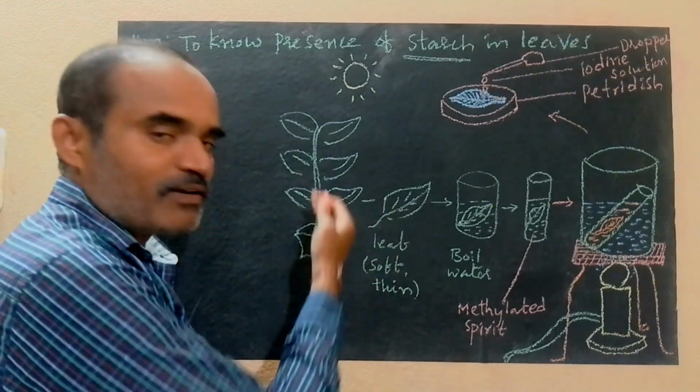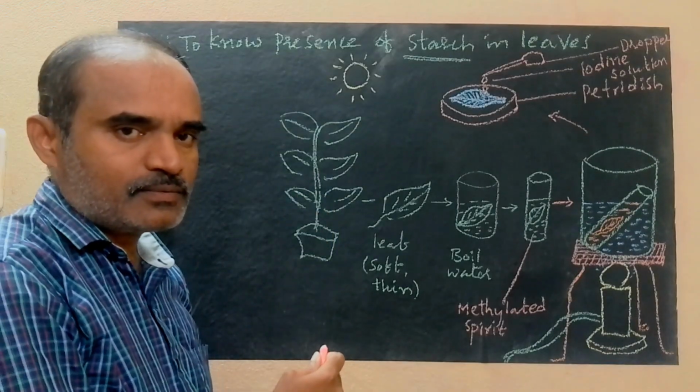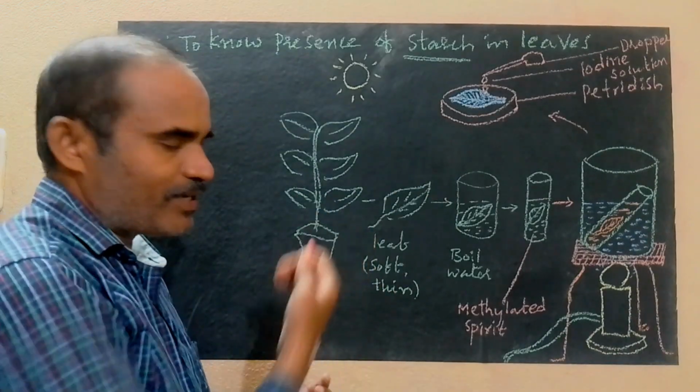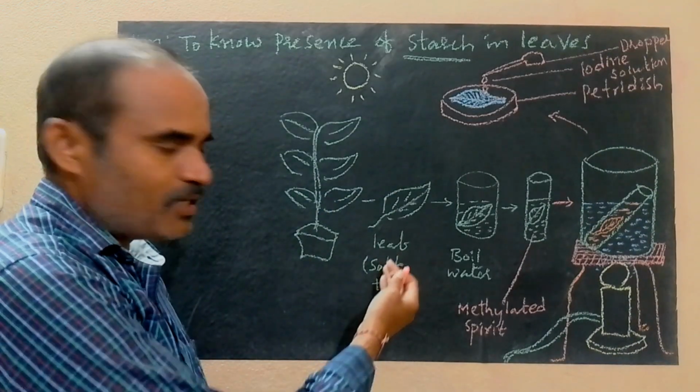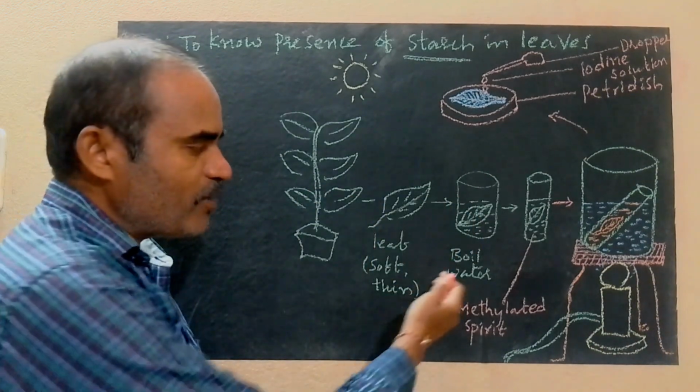Pluck the leaf from the well-exposed potted plant, it should be soft and thin, and put the leaf in a beaker containing boiling water.